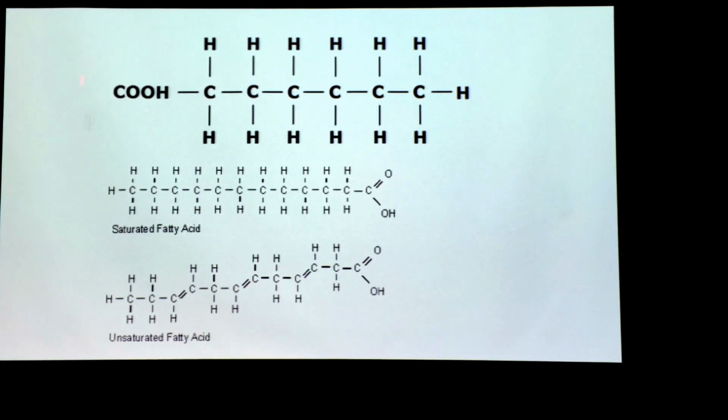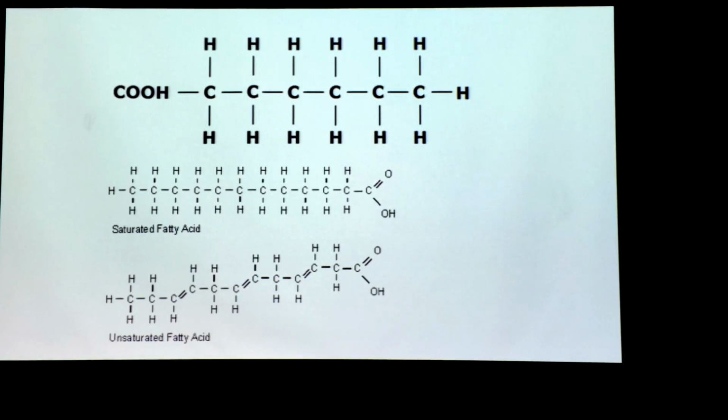That's why this molecule is a saturated molecule, but this molecule is an unsaturated molecule, because you can put in more hydrogens. Anytime you see a molecule with double bonds like that, it means that it's unsaturated, meaning you could hydrogenate it with more hydrogens.